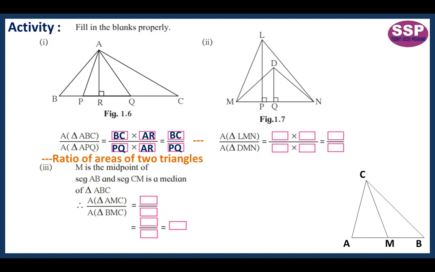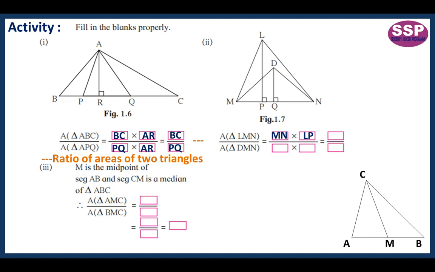In the second problem, here also we have to find out the ratio of areas of two triangles, triangle LMN and triangle DMN, and that is equal to the product of their bases and corresponding heights. In the numerator, area of triangle LMN is base into height, that is base MN multiplied by height LP.